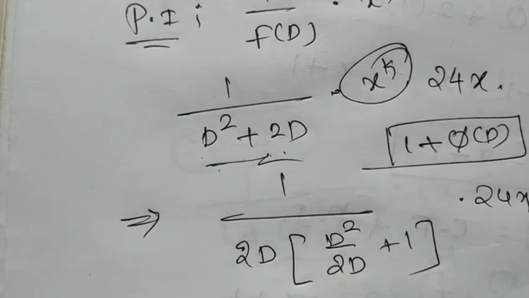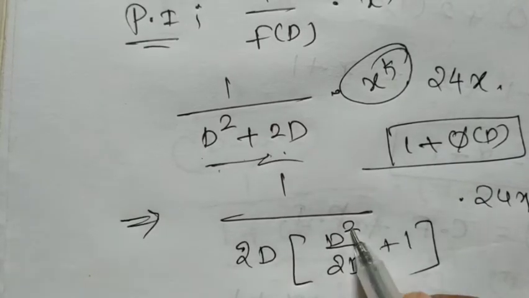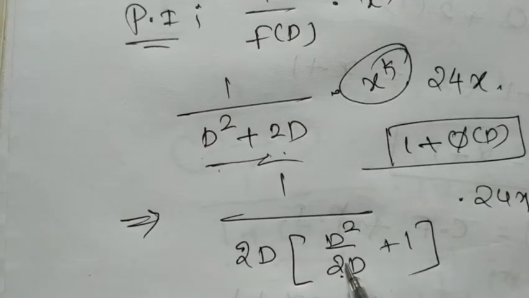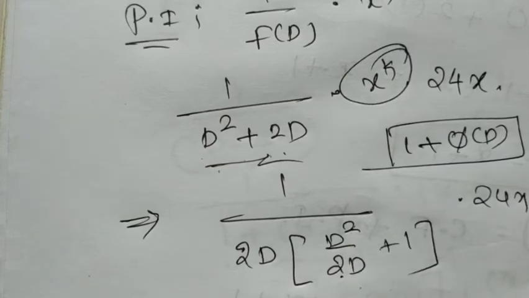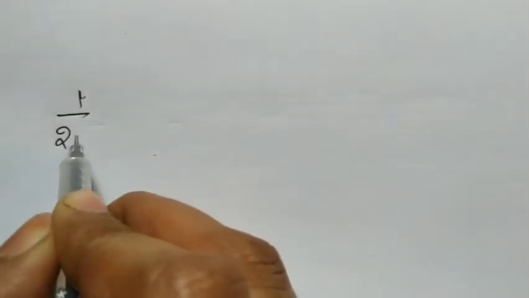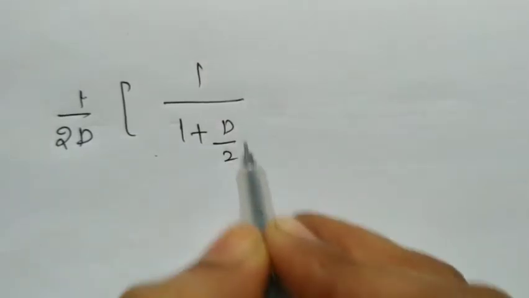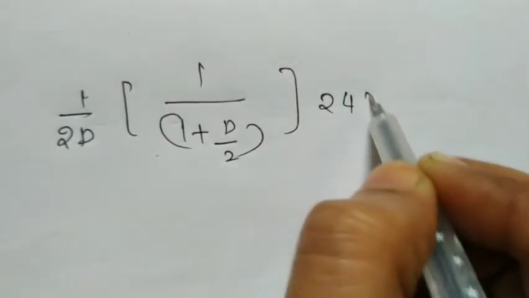So 1 by 2d into d square by 2d, that is d by 2. So 1 plus d by 2. Here I am writing this as 1 by 2d of 1 by (1 plus d by 2) into 24x.